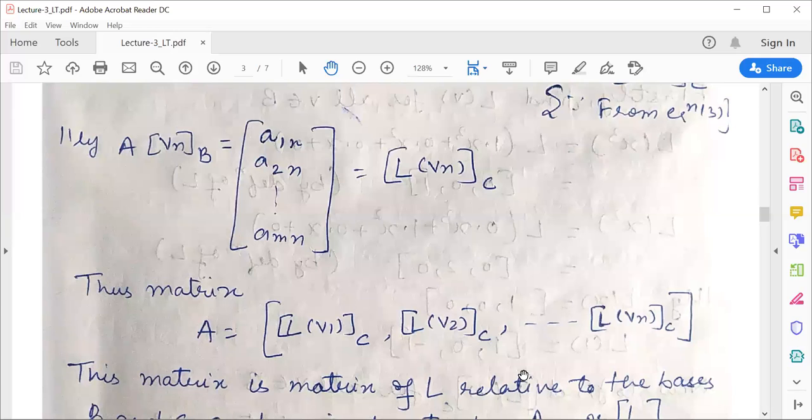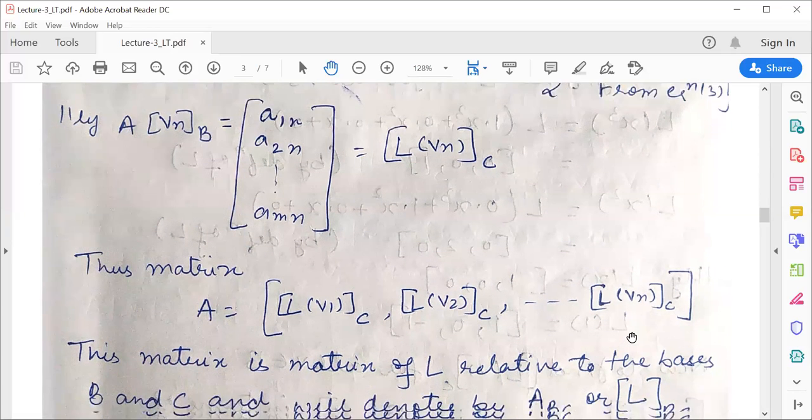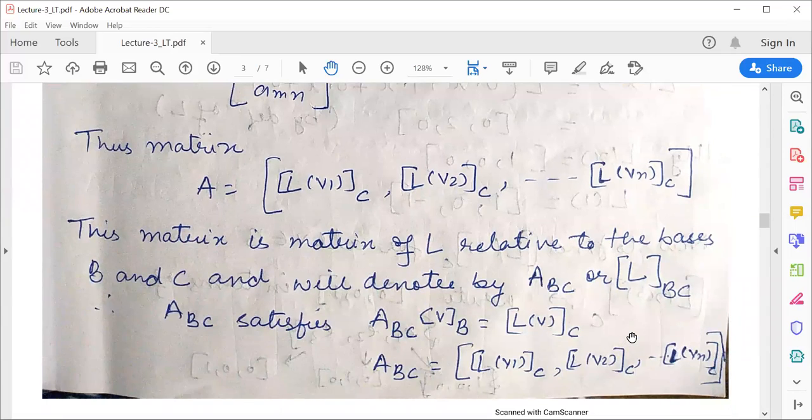That means matrix A is nothing but: the first column is the coordinate vector of L of V1 with respect to C, the second column is the coordinate vector of L of V2 with respect to ordered basis C, up to n elements. So this matrix is the matrix of the linear transformation relative to the bases B and C, and we denote it by L of BC or A of BC.